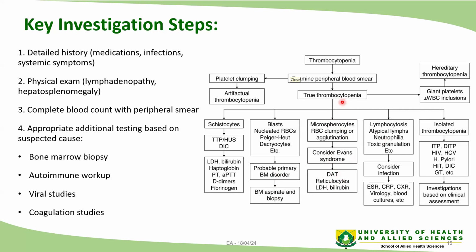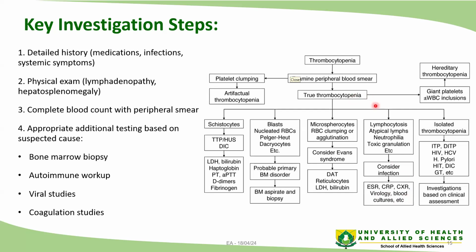If it is thrombocytopenia with lymphocytosis, presence of atypical lymphocytes, neutrophilia, toxic granulation, etc., then you could consider infection. So other tests that you could carry out would include the ESR, CRP, a chest X-ray, some tests for viruses, and some blood cultures as well, which would help you to tell whether it's an infection which has resulted in this thrombocytopenia.